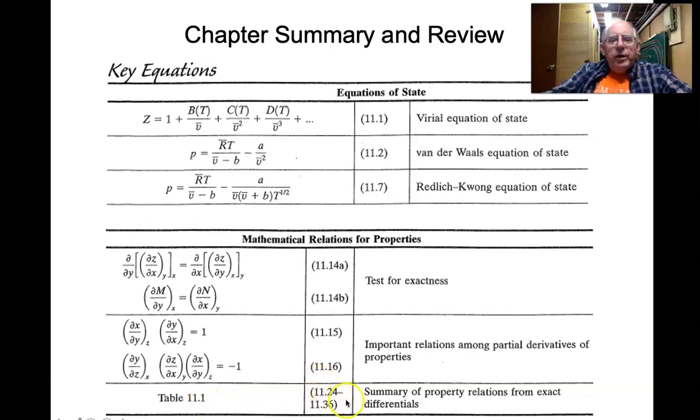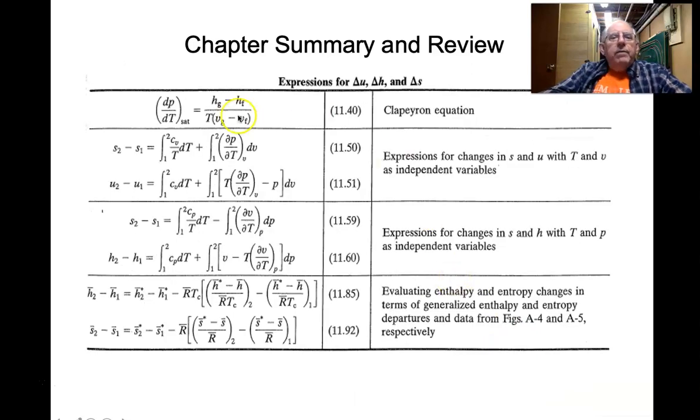There's too many to show here, but you can refer to the table in that particular case. And then we also introduced for phase change the Clapeyron equation, and then we also looked at how to obtain changes in entropy, internal energy, and enthalpy utilizing mixture type of data, or measured data such as temperature, pressure, volume, and C sub P relationships.